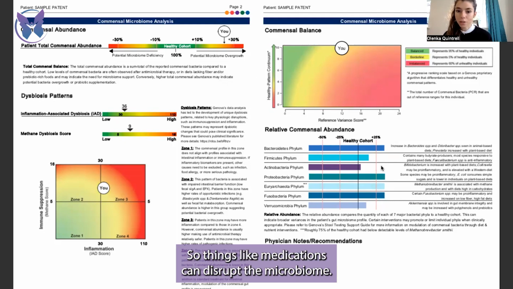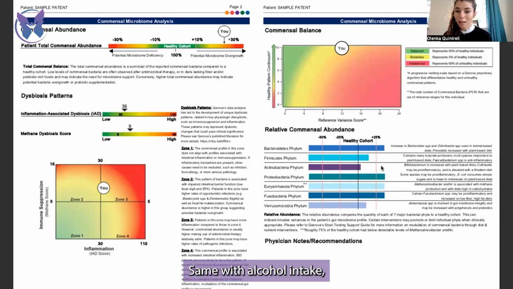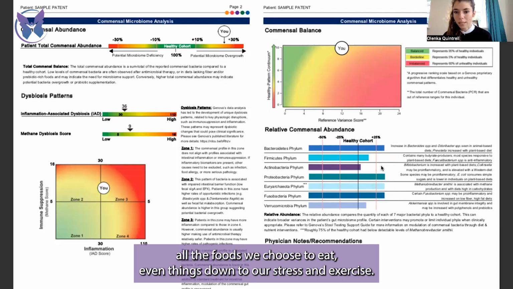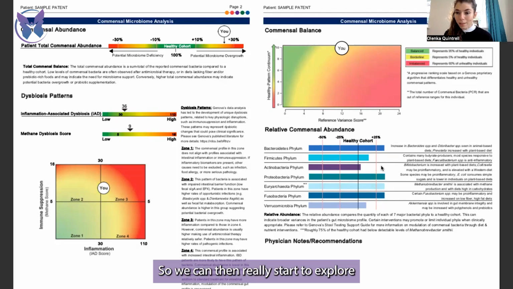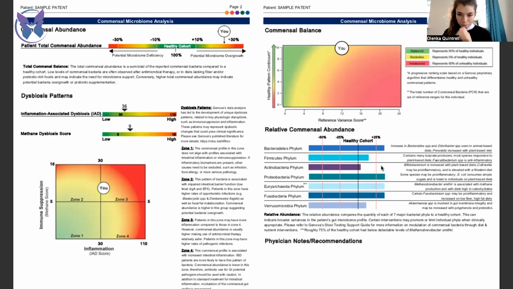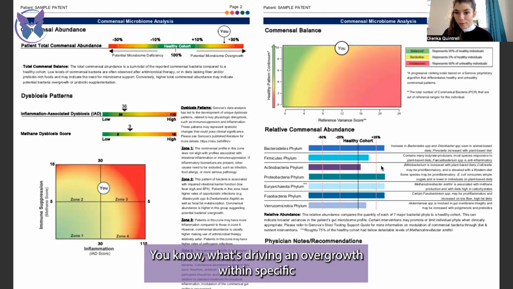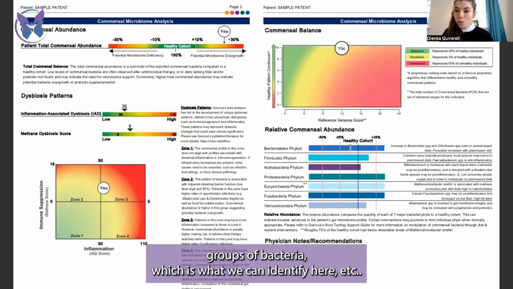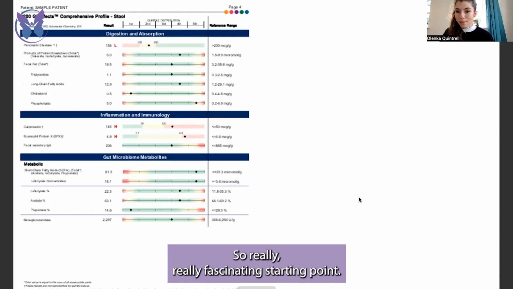So things like medications can disrupt our microbiome. Same with alcohol intake or the foods we choose to eat, even things down to our stress and exercise. So we can really start to explore what's driving the imbalance in the first place. What's driving an overgrowth within specific groups of bacteria, which is what we can identify here, etc. So really fascinating starting point.